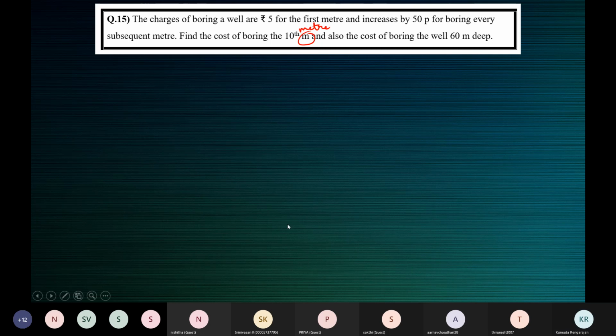Write down the question, children. Try this.